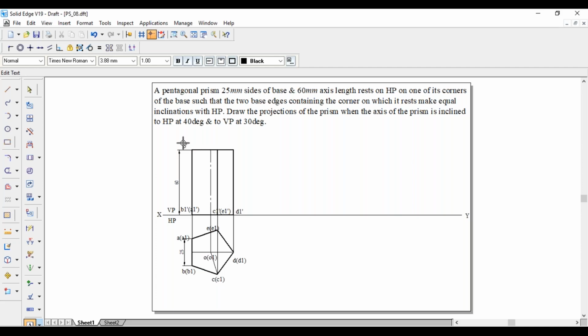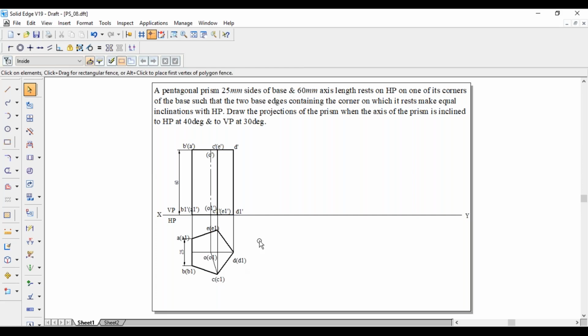Similarly, B dash in the bracket A dash, C dash in the bracket E dash and D dash. Whereas the axis is invisible, so this one is in the bracket O dash and this one is in the bracket O1 dash. So this completes the first position.